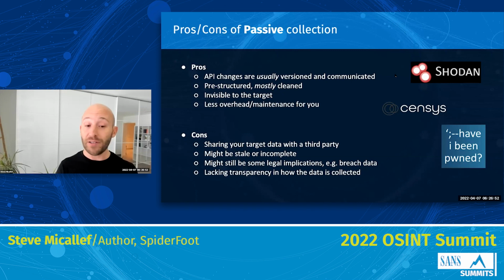There might still be some legal implications, right? So not all of these third-party APIs are, I would say, 100% legitimate. Ones that have data breach information, which reveal passwords, for example, that can be a legal challenge in some jurisdictions. And sometimes you don't have the transparency in how this data is being collected, right? So you don't know whether they've obtained data illegally.